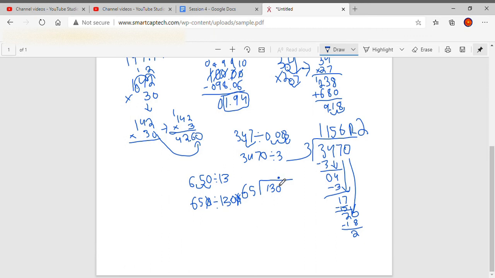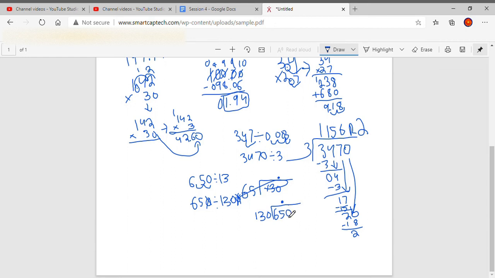So we already know our answer is going to be a decimal. Oh, sorry, I wrote it wrong. It can go into 130, but it's supposed to be written as 130 divided by 65. So same thing, cannot go into this. So decimal point. Then we can add a 0 for the decimal point. Now it can go in.